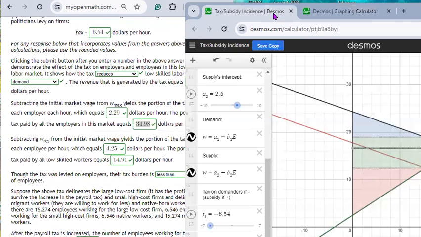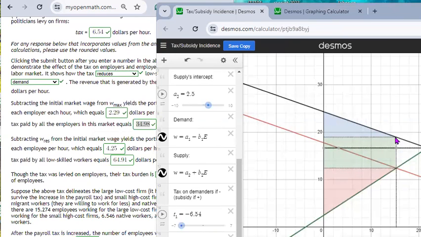So we go back to our diagram here, right? We're calculating the large low-cost firm surplus before the tax was in place. This little white triangle is the firm surplus of the high-cost small firms, right? The firm surplus of the low-cost large firms doesn't include that white triangle.